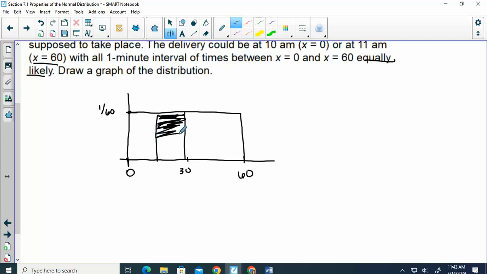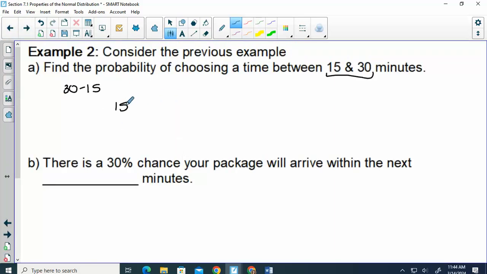How do you find area of a rectangle? Length times width. So the length is 15. My height of this is 1 out of 60. So 15 times 1 out of 60 is 1/4. So 1 in 4 chance that they show up between 15 and 30 minutes.